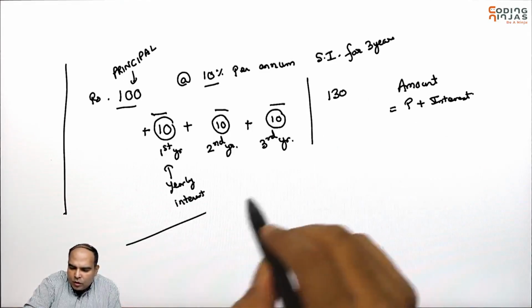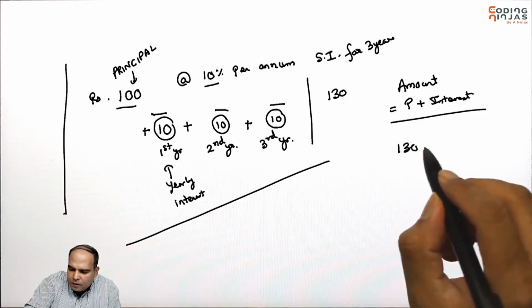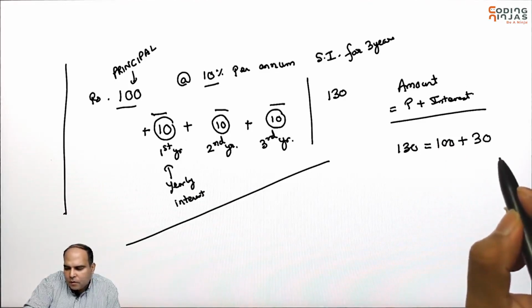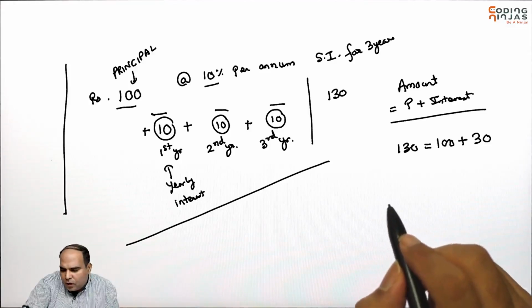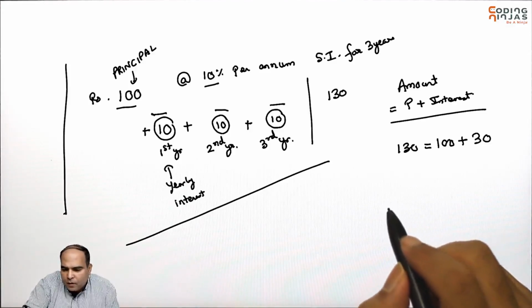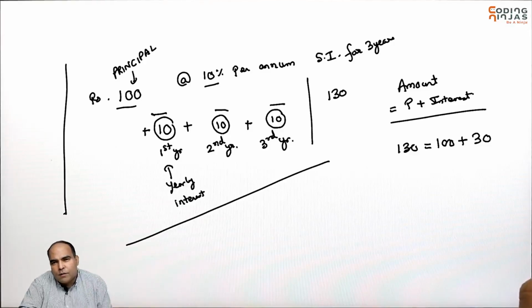And this situation in this formula is represented with 130 is equal to 100 plus 30. So a couple of things you need to notice here. First of all, the formulas. Let's get the formulas out of the way. But before we get there, let's understand what is the difference between this and compound interest.